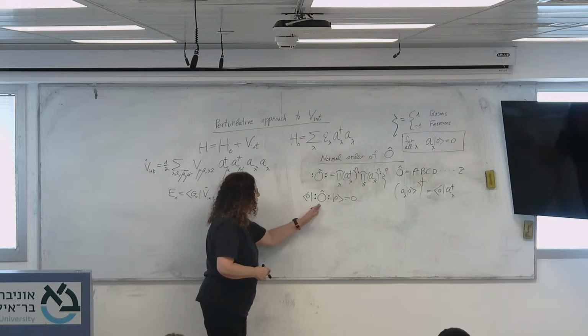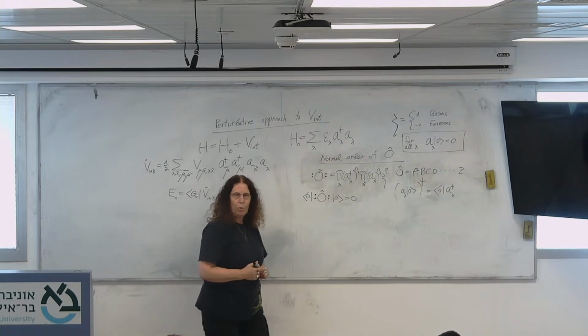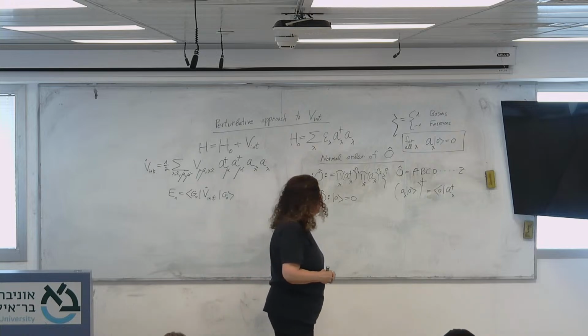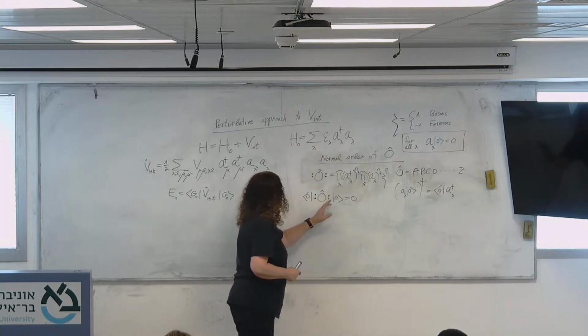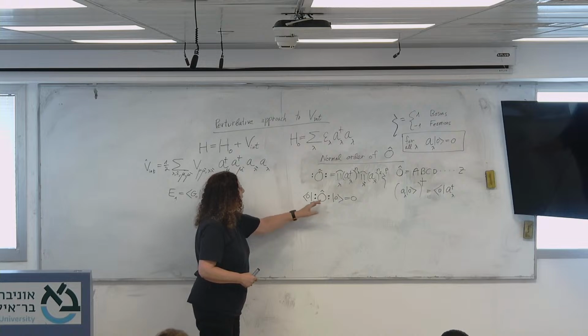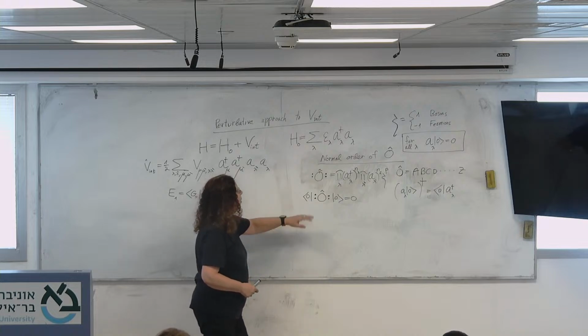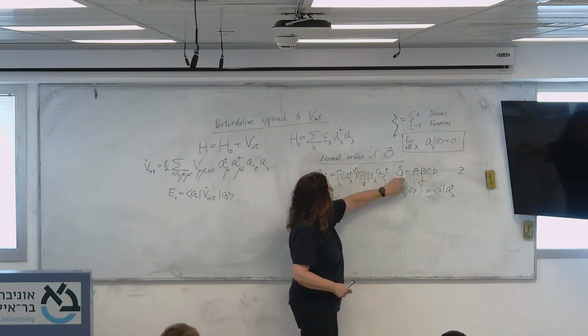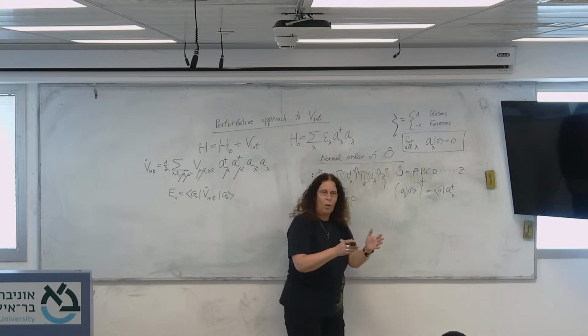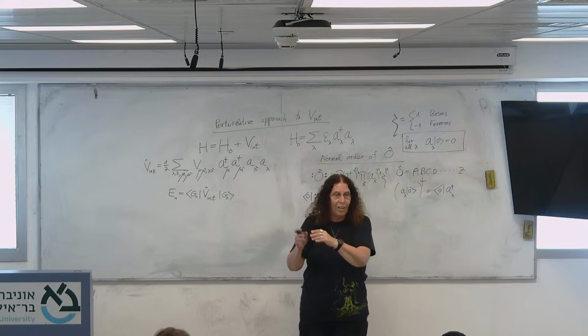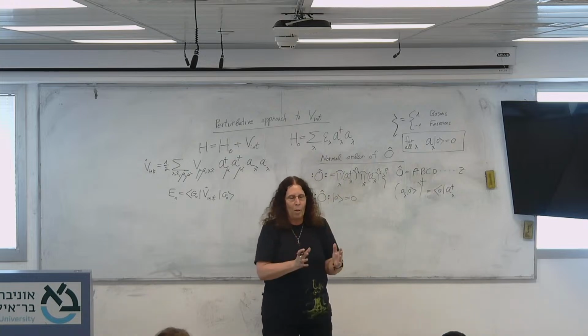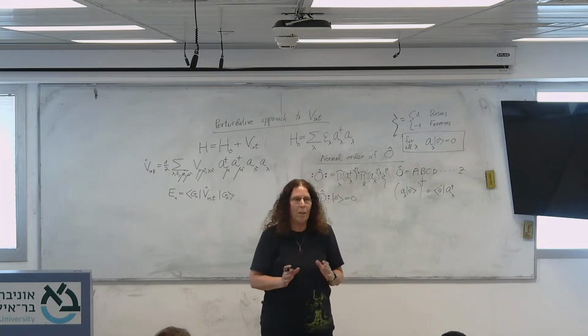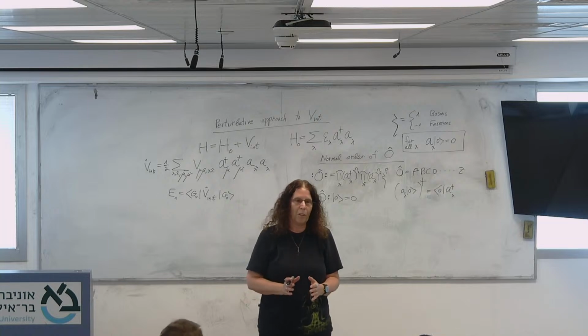So this is one definition, and now I want to compute another one. Now notice, therefore, that if I can write the operator, the exact operator, not the normal order, as a normal order plus something, I know that the normal order part will always give me a vanishing expectation value.